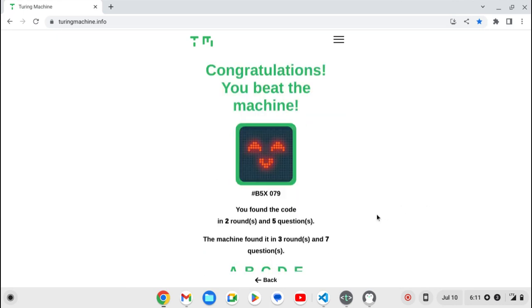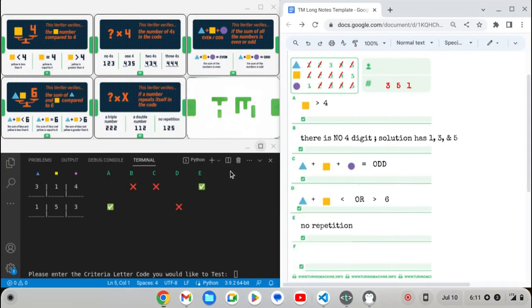Wow, I'm quite surprised that we were able to do it in 5 questions, 2 rounds, and the Turing Machine took 7. I'm wondering what sort of deductions or conclusions we came to that helped us out.